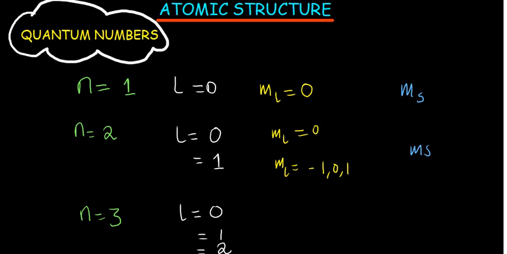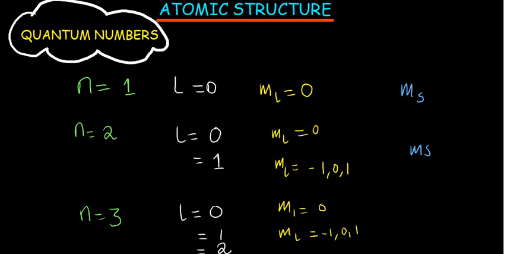Meaning that ML, remember ML is between negative L and positive L. When L is 0, we don't have a number between, so ML is just going to be 0. If we come to 1, ML is going to be between negative 1 and positive 1, meaning we're going to have negative 1, 0, and 1.